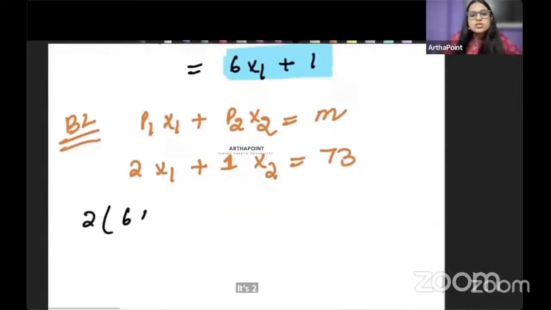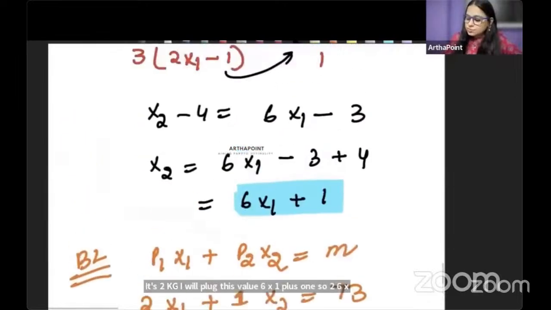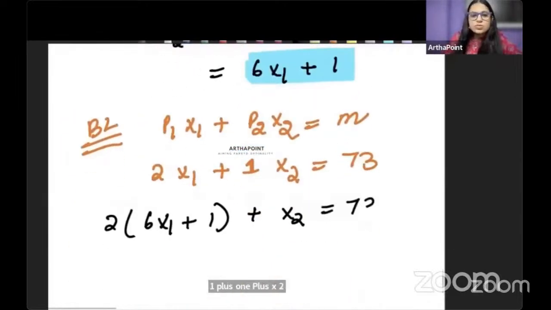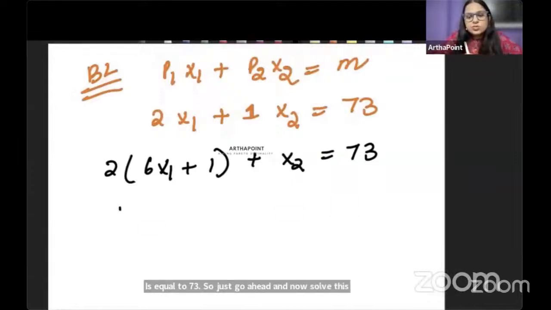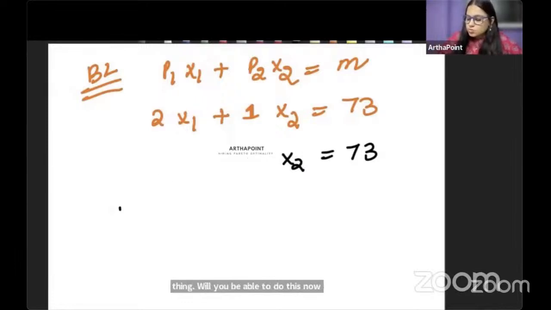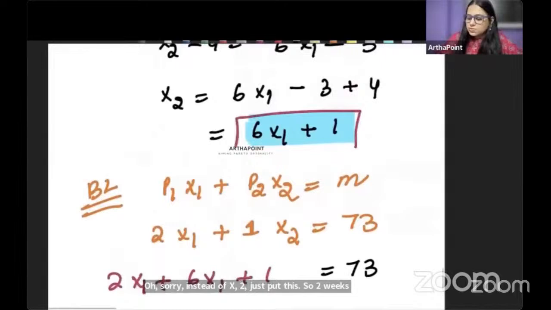So 2x1 plus x2, that is 6x1 plus 1, is equal to 73. Now just go ahead and solve this.